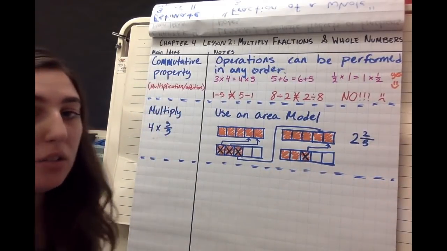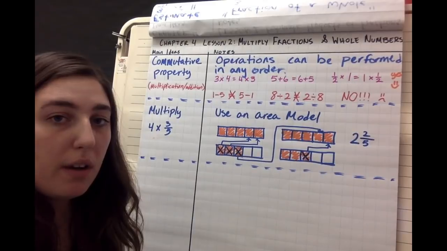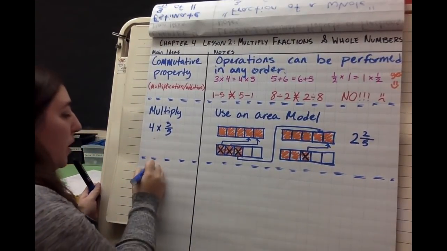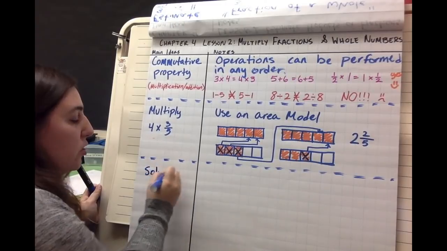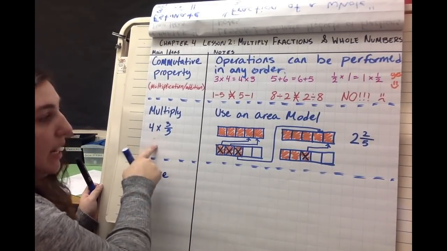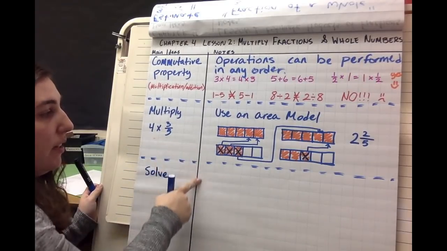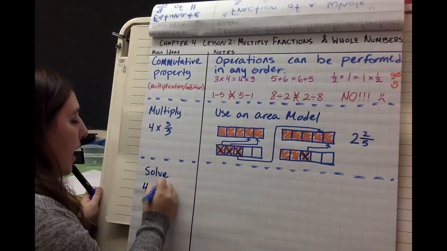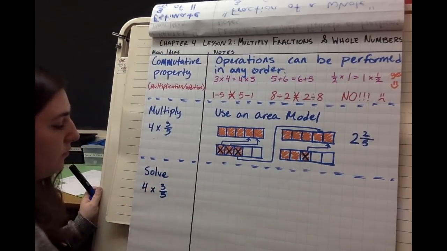Okay, now we're actually going to solve. So when we are actually solving, we don't have to show visually what we're doing. I'm going to multiply the same thing so we can see the difference visually and just solving. 4 times 3/5.